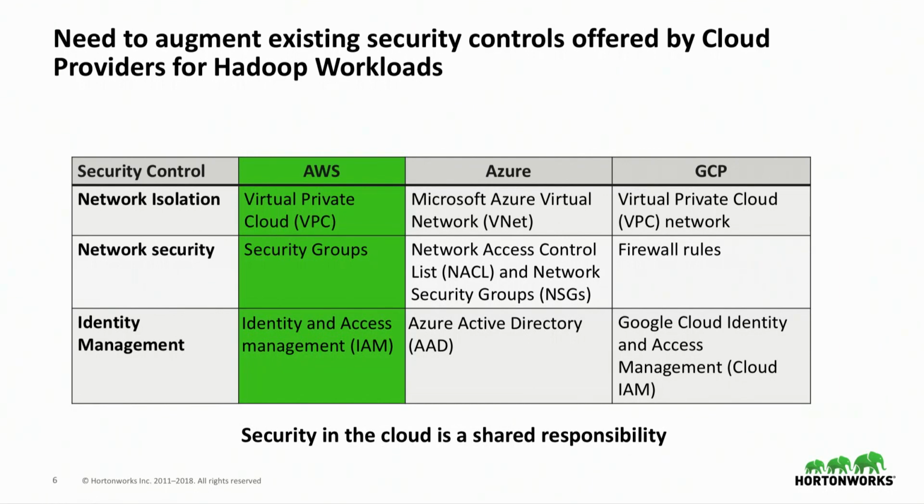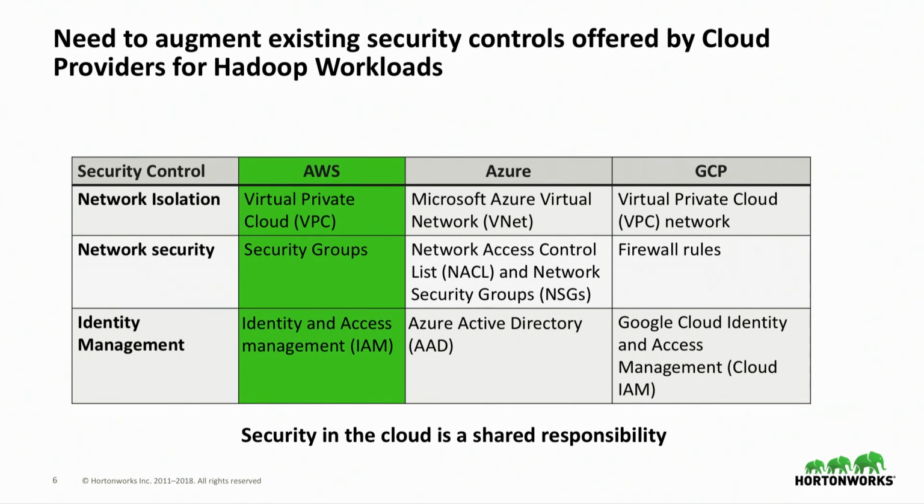All right. So keep in mind that security in the cloud is a shared responsibility. If you have used any of these cloud providers, you know that they provide very solid security controls around network isolation, network security, and identity management. I'll not go through all of those, actually, because if you have used any of the cloud providers, you're already familiar with those.